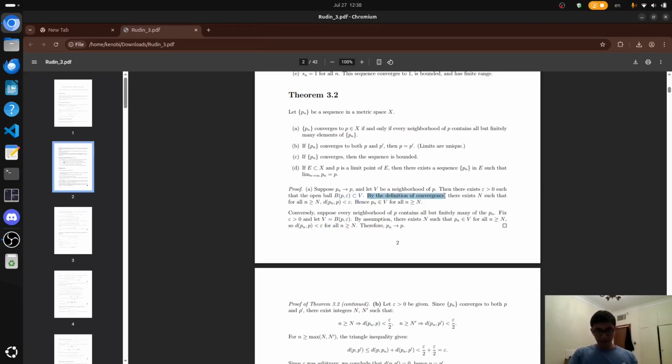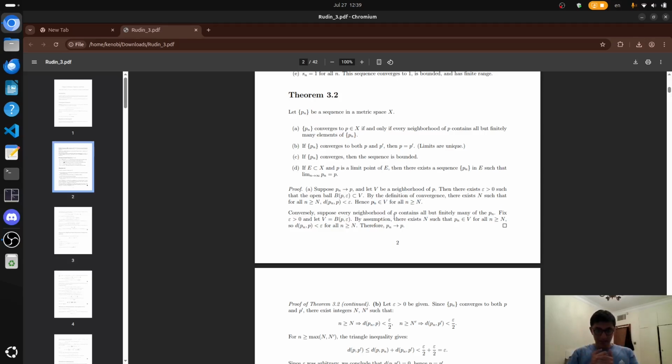By the definition of convergence, there exists N such that for all n greater than or equal to N, the distance d(Pn, P) is less than epsilon. Hence, Pn is in V for all n greater than or equal to N. Because d(Pn, P) is less than epsilon, that means it's contained inside this open ball, right? Which is in V. So the strategy here is very basic.